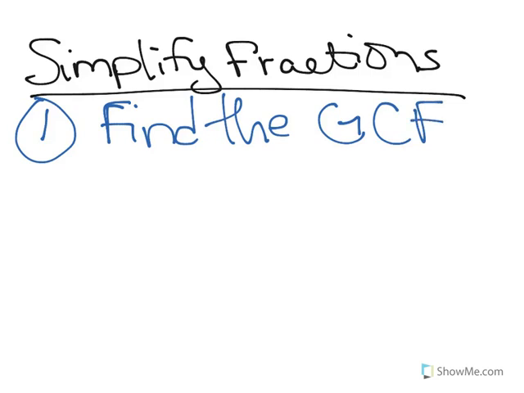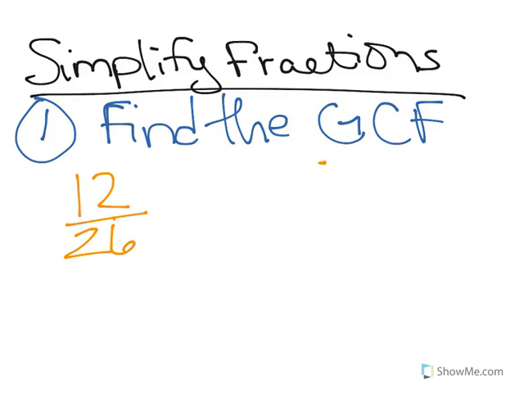And you find it of the numerator and the denominator. So for instance, if I had a problem and my problem was 12/26, and I'm trying to simplify it, I need to find the greatest common factor of 12 and 26.